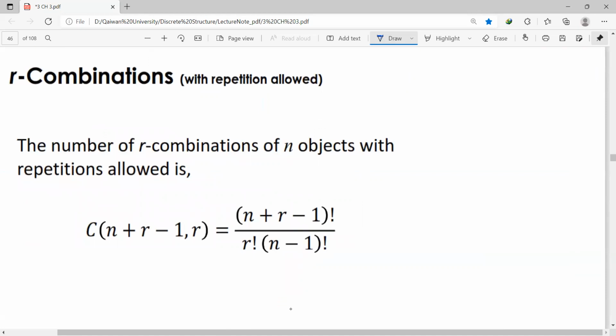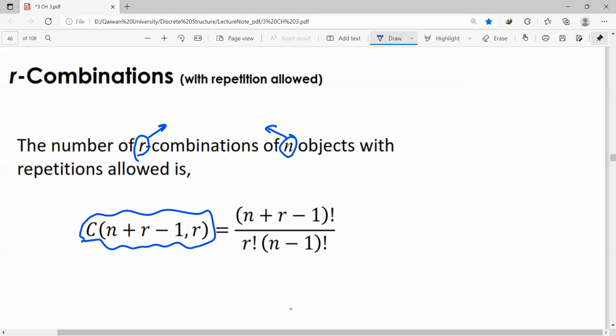Now we have combinations if the repetition is allowed. We use this rule for finding the combinations when the repetition is allowed. Here we say the number of R combinations of n objects, that means we choose R from n objects.